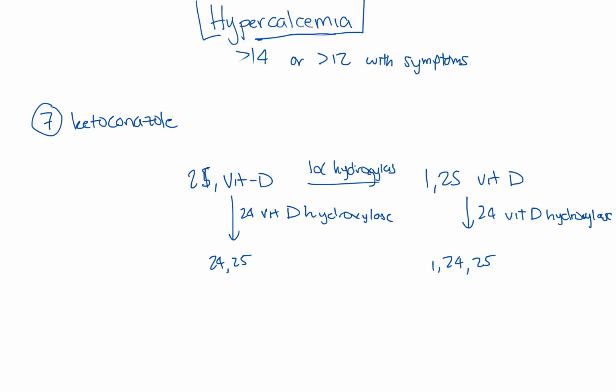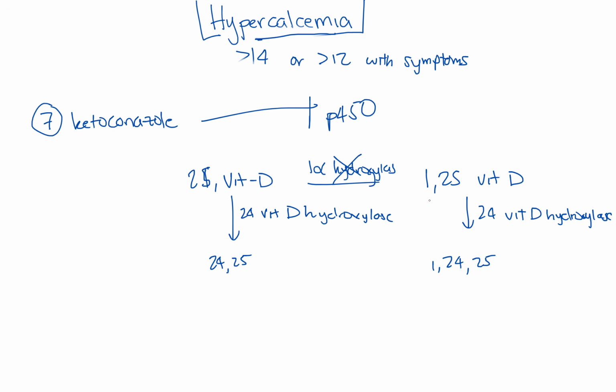Well, these two enzymes are cytochrome P450 enzymes, and ketoconazole inhibits cytochrome P450 enzymes. So in a calcitriol dependent process, by inhibiting 1 alpha hydroxylase, you may reduce the amount of calcitriol development that there is.